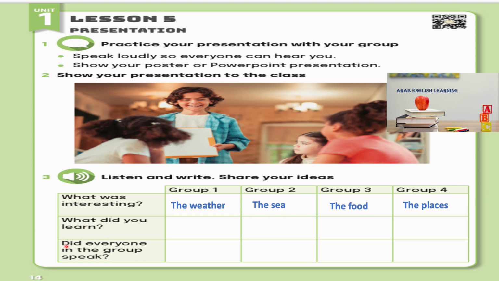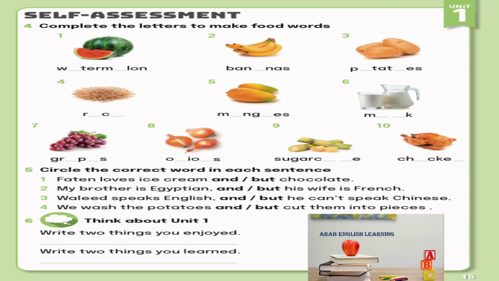And what did you learn, and did everyone in the group speak or not. So this is how you make your presentation, and you take information about how other people like your presentation or not. Page 15, self-assessment, means you are testing yourself.